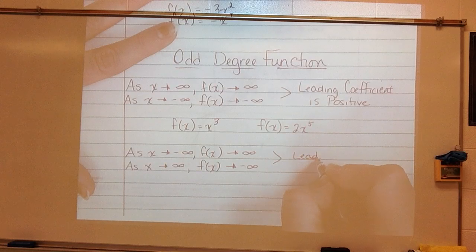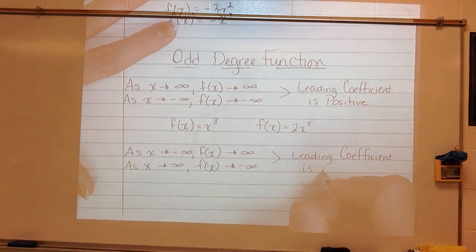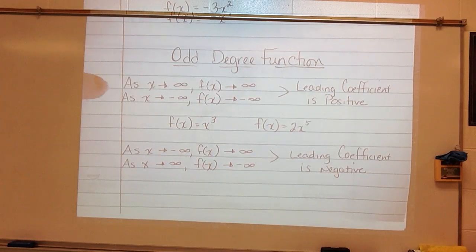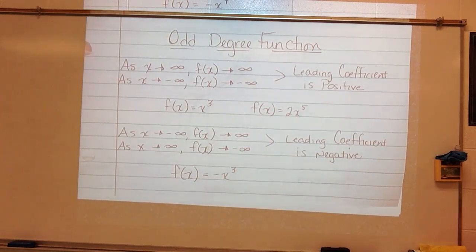That is if my leading coefficient is negative. Okay? So this could be f of x is equal to negative x cubed. All right? I told you guys there's a lot of stuff here.